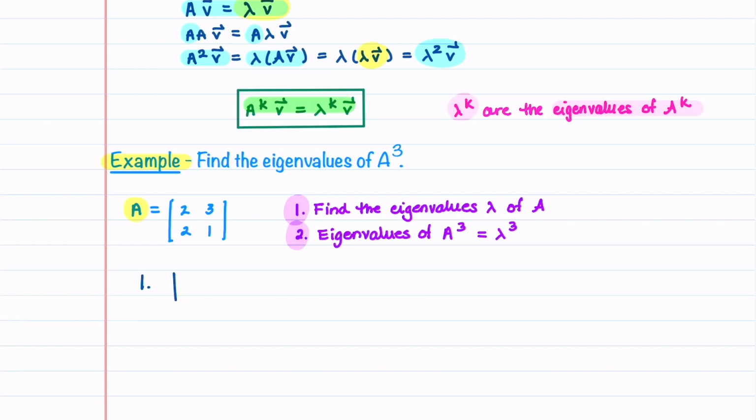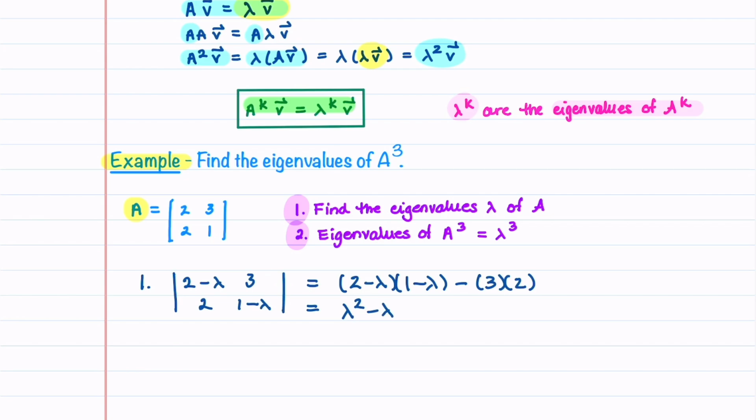To find the eigenvalues of A, we're going to do 2 minus lambda, 2, 3, 1 minus lambda, just subtracting lambda off the main diagonal. This gives us the main diagonal entries multiplied minus the off-diagonal entries multiplied. If we multiply everything out, we have lambda squared minus lambda minus 2 lambda plus 2 minus 6.